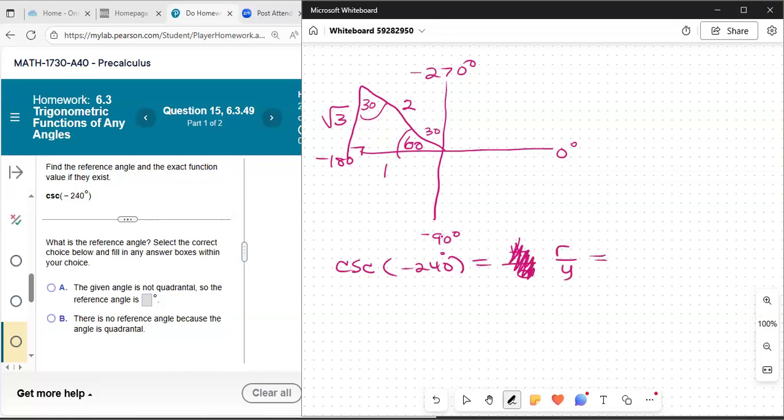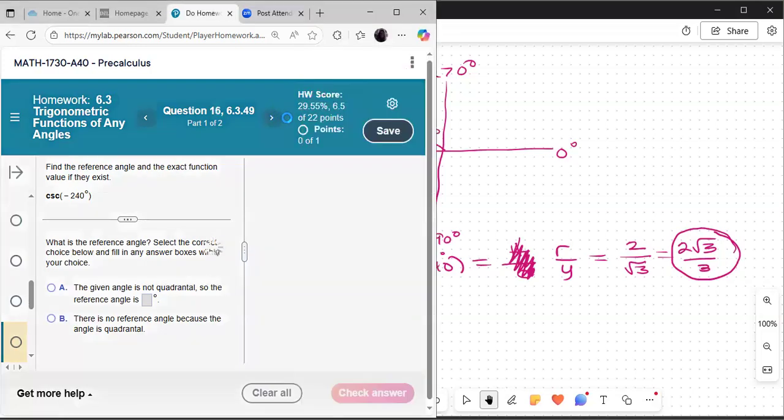So r is 2 and y is the square root of 3, which is equal to 2 square root of 3 over 3 after rationalizing the denominator. Okay, that was number 15. I'm going to jump over to number 17.